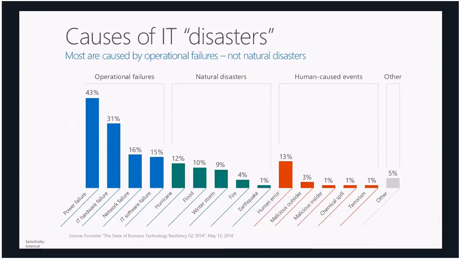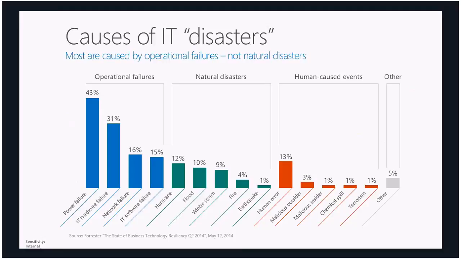It's interesting that the main causes of IT, quote-unquote, disasters are mostly due to operational failures, not actual literal natural disasters. Things like power failures in the data center, hardware issues, network issues, software issues, even human error has a bigger effect than the traditional natural disasters.